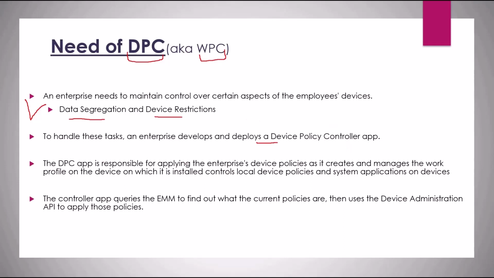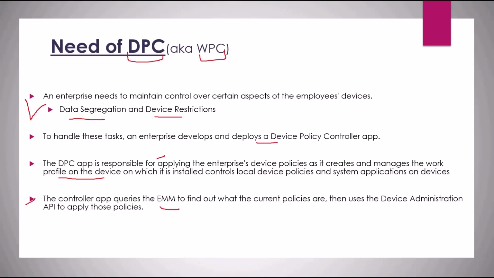This app is responsible for applying the device restriction policies that we are creating and deploying to the work profile on the device. And when we deploy these policies, the camera gets blocked or the device starts behaving in a specific way. So the way it works is, from Intune we deploy a device restriction policy. From EMM we will be deploying that.